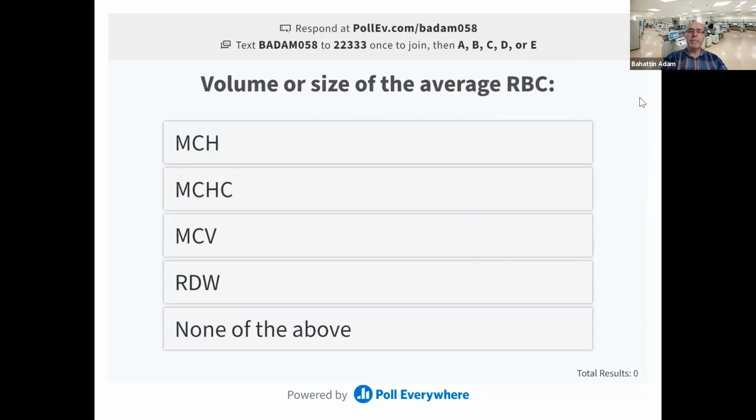Okay, volume or size of the average red blood cells is known as which of the following?